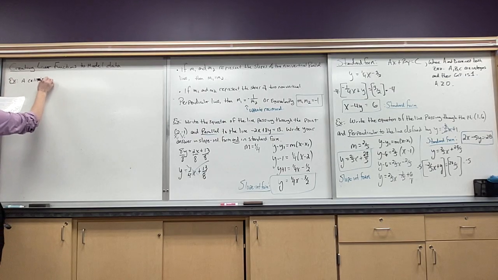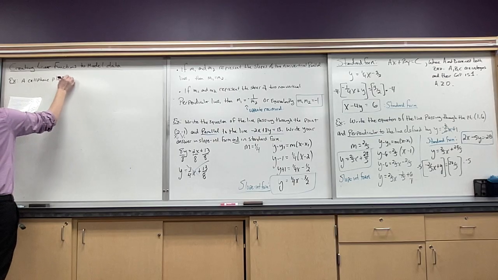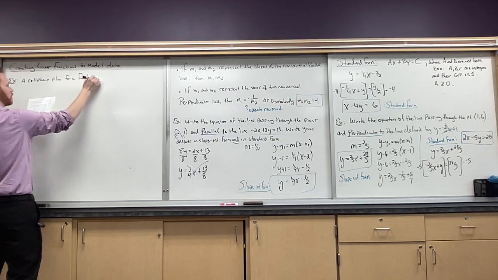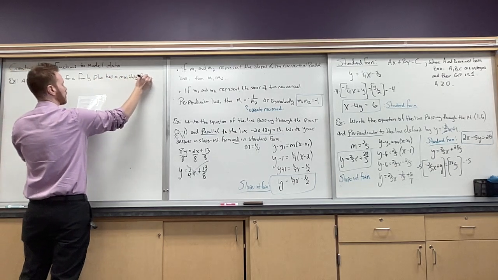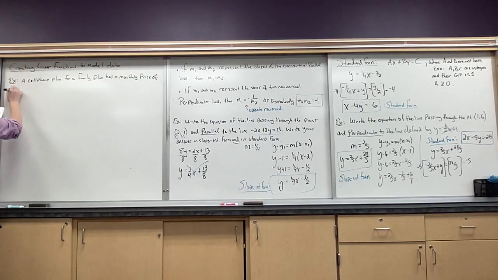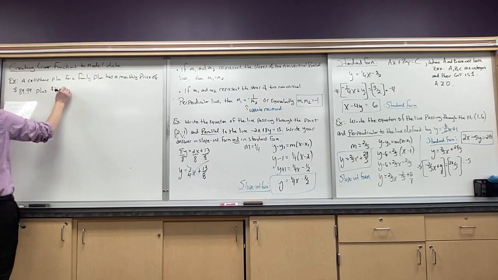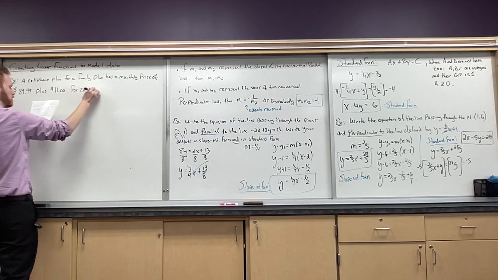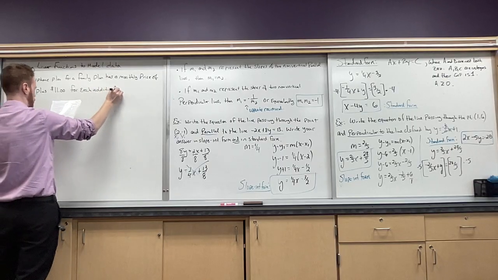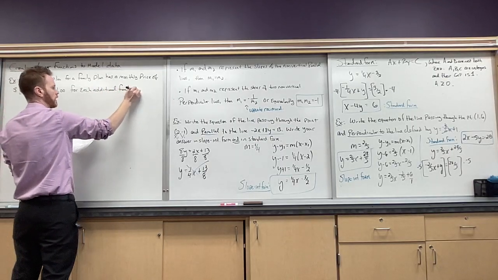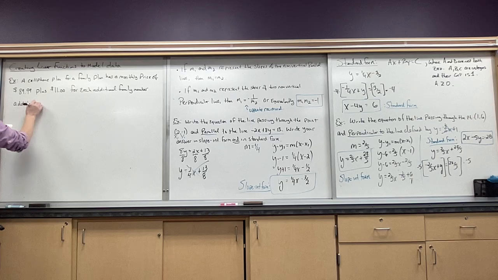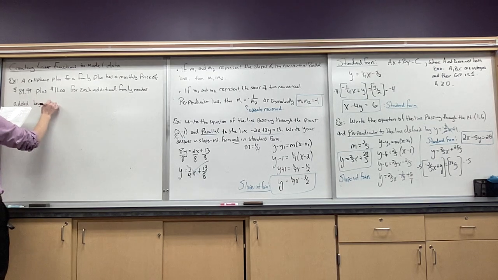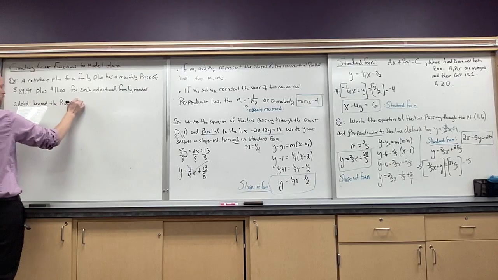So we have a cell phone plan or a family plan that has a monthly price of $89.99 plus $11 for each additional family member added beyond the primary account holder.